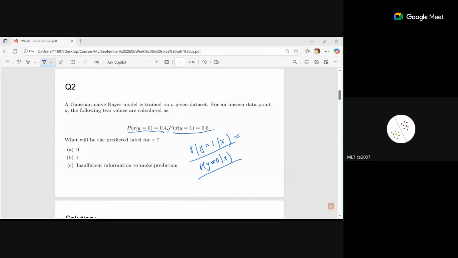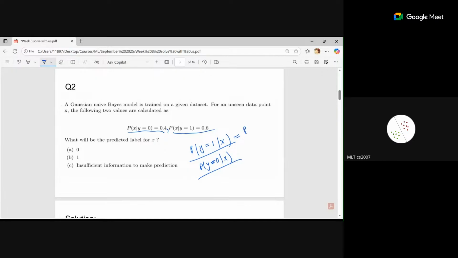That is not a problem, but we don't know the probability of y equal to 0 or y equal to 1, and that is needed for us to solve here.